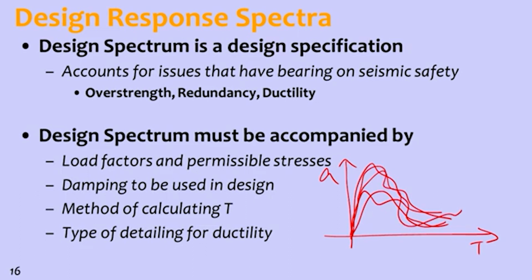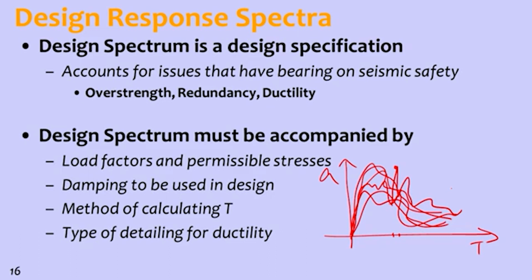But in design spectrum the issue is, if we use this average response spectrum and there is a mistake in the calculation of natural period for any structure, so that instead of this value it is another value, then suddenly at that point the response may peak. In order to remove this kind of discrepancy, the plot is smoothened.